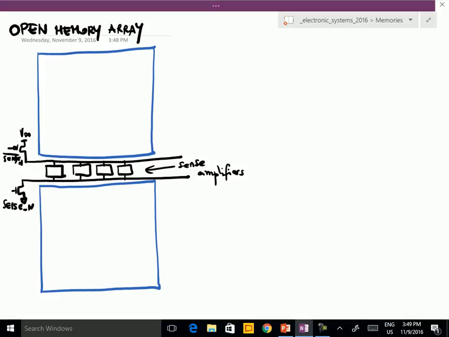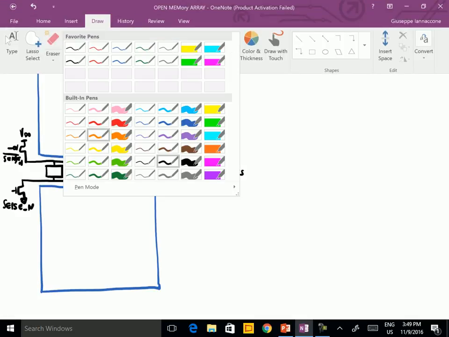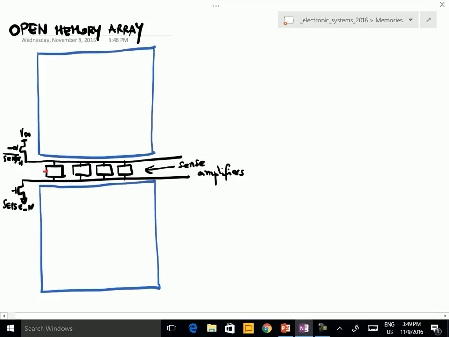and in the case of the open memory array, each sense amplifier is connected to two different bit lines, one is the bit line of one half of the memory, and the other bit line is on the other half of the memory. So one is the bit line and the other one is the comparison bit line.